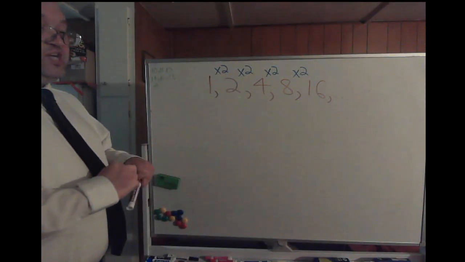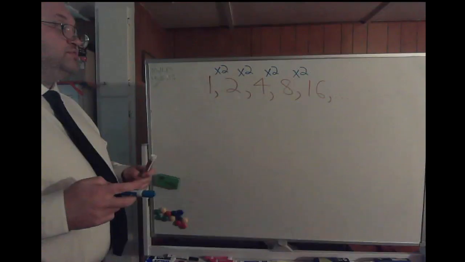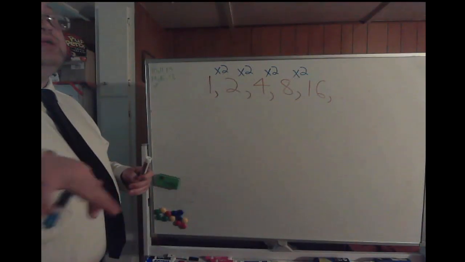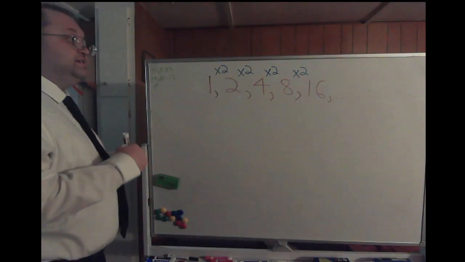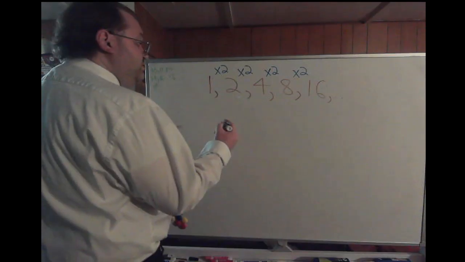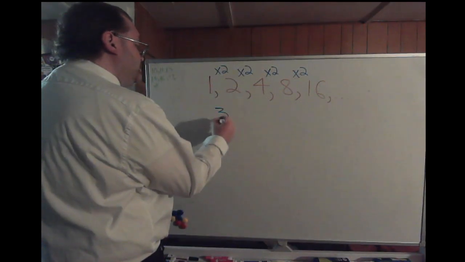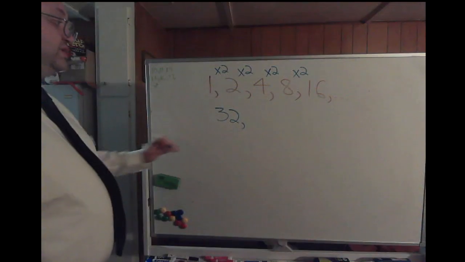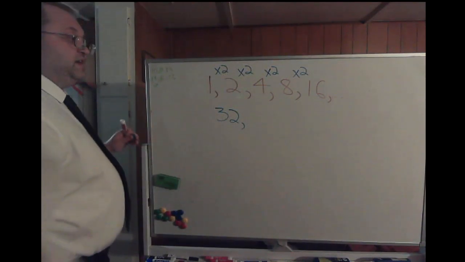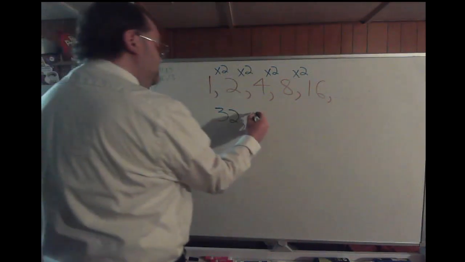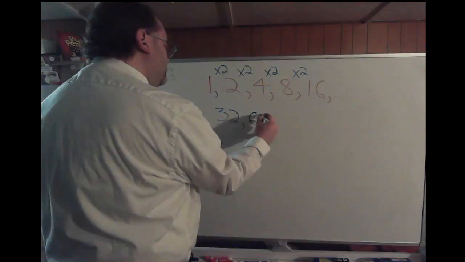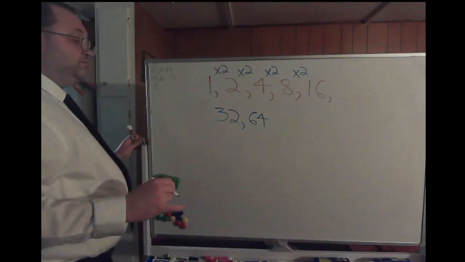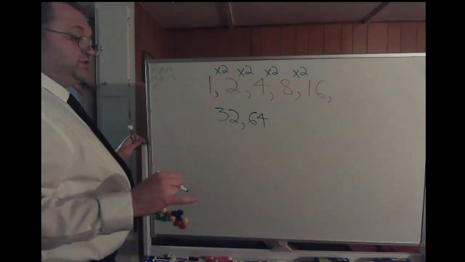We're going to make a conjecture and figure out the next 3 terms. So to figure out what the immediate next term after 16 is, it looks like you're going to multiply by 2. 16 times 2 is 32. But we're being asked to find 3 terms. Let's find the second term we're being asked to find. 32 times 2, that's 64. Let's find yet a third term.